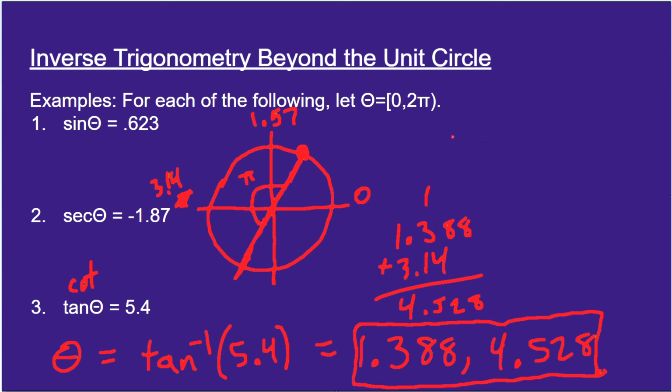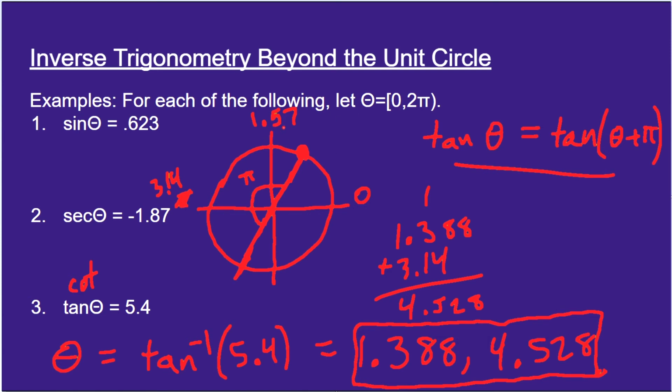Essentially, guys, tan theta should always be equal to tan of theta plus pi. This is always true. It's kind of a cool little thing.